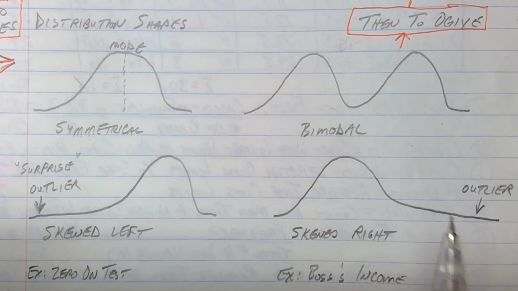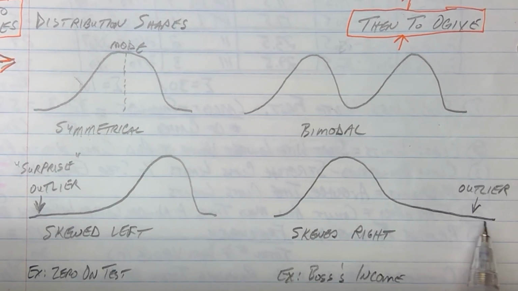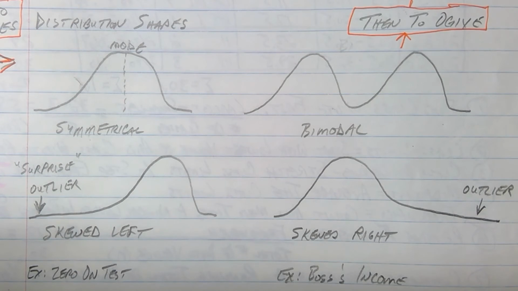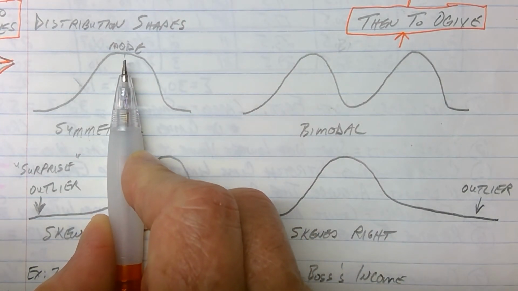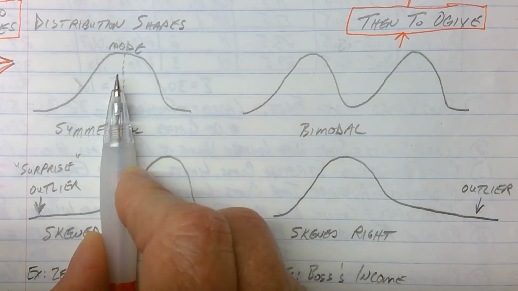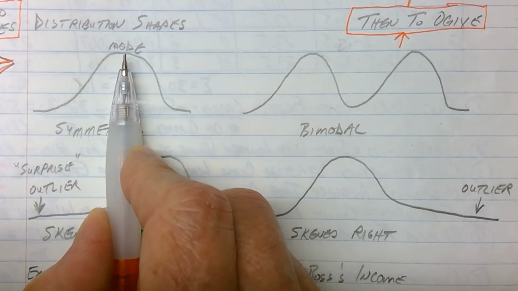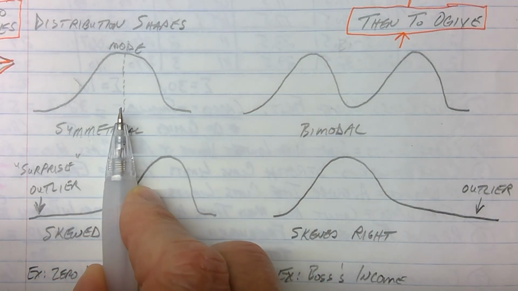But the reason the average is in the wrong place is because you have your principals' and your superintendents' salaries lumped in there with the teachers. Their salaries are much higher than a teacher's salary. So our median, which should have been in the same place as our average, which should have been in the same place as our mode, what most people make, our average or mean should have been right in the middle.